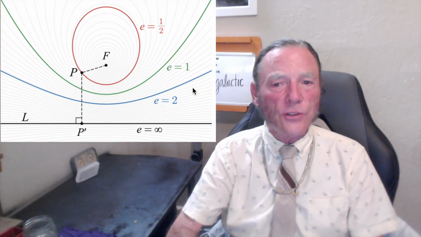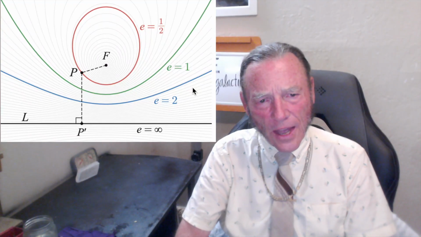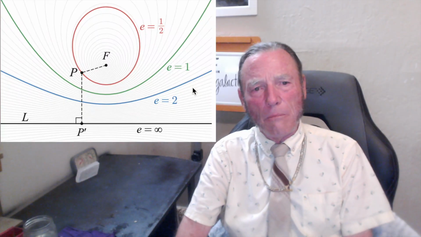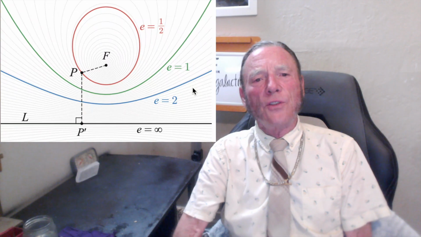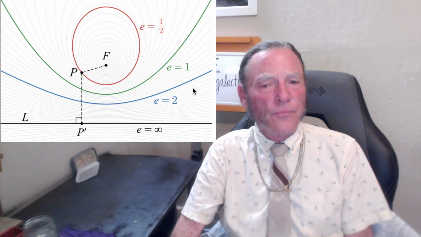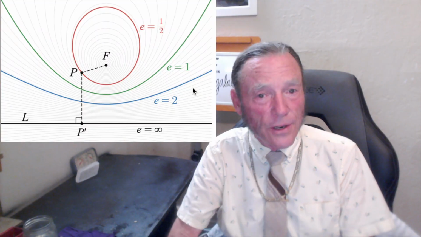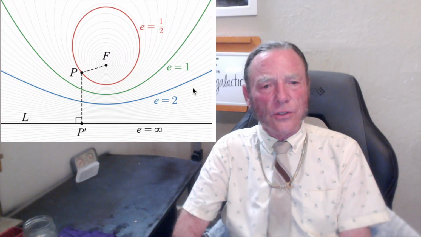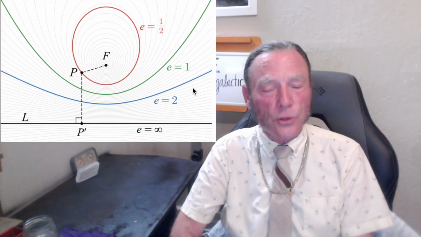Now, the key term here is infinity. But what is that number? E stands for eccentricity. It is a mathematical property of these curves, which unites them on a metric. But it's not a linear metric. It does use linear numbers, but these are actually representations of numbers which are not linear numbers. They're in reduced form.